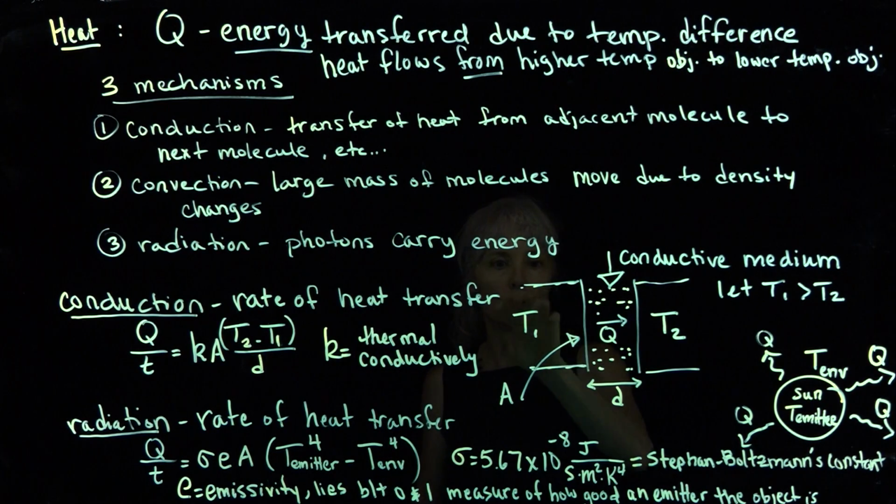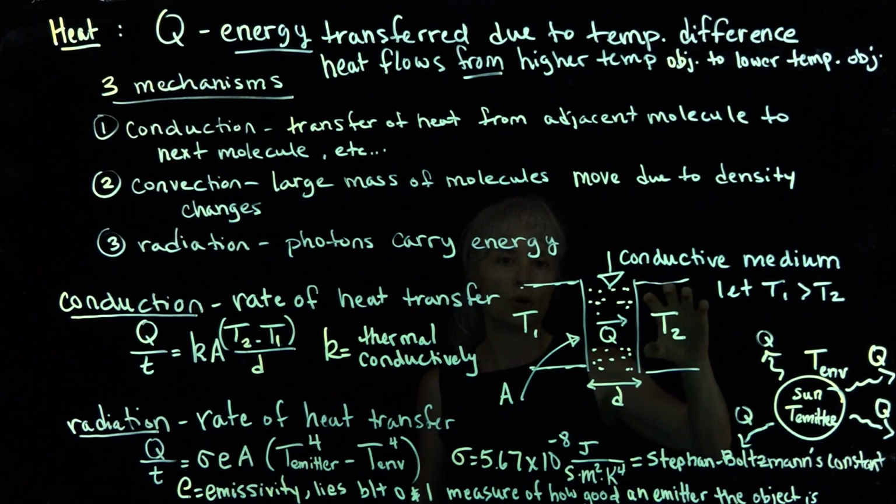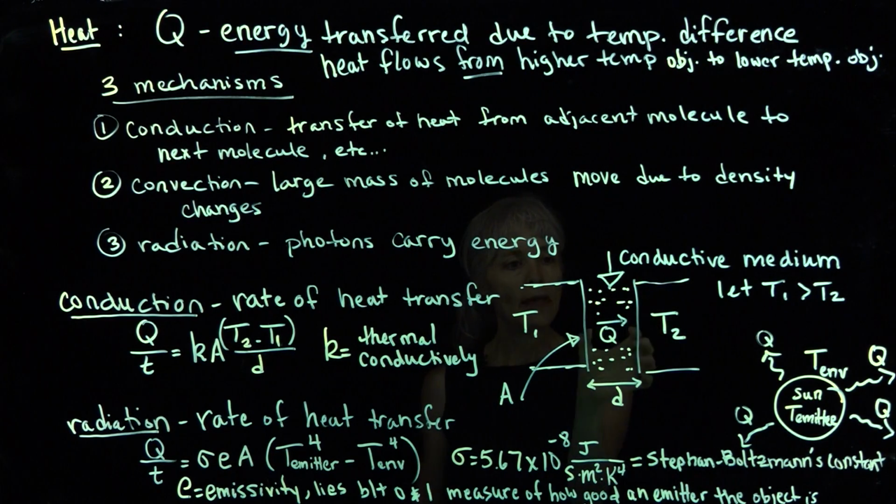I have an object or a medium at temperature T1 and another medium or object at temperature T2, and they're separated by a conductive medium that has a thickness D and is dotted here to show that this is the medium.